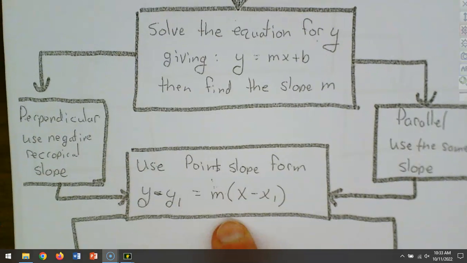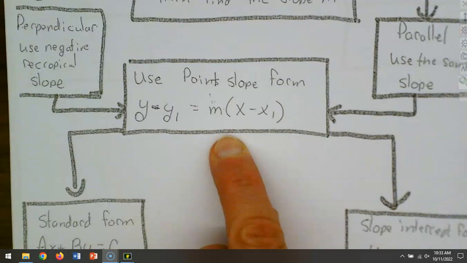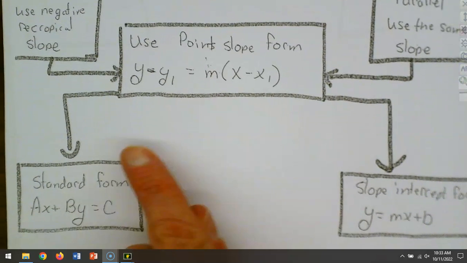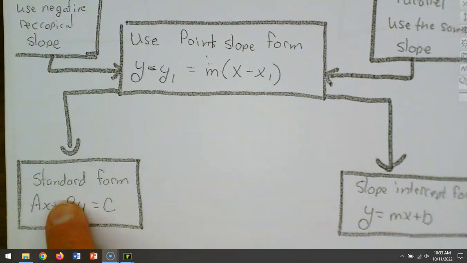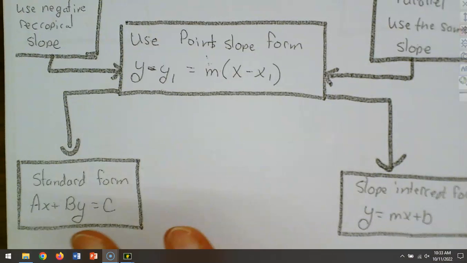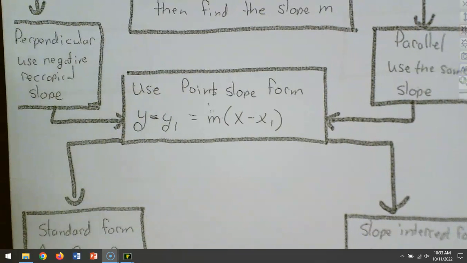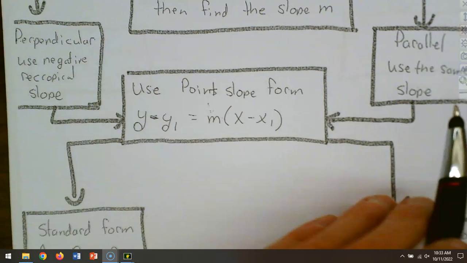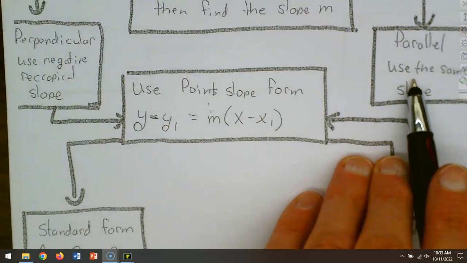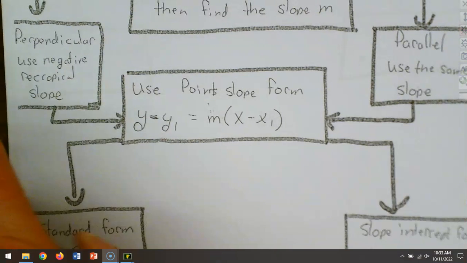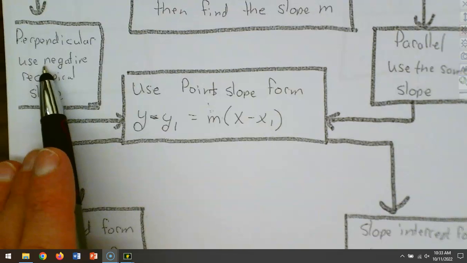Either way, it goes back to point slope, and then we either write our answer in standard form or in slope-intercept form. So the only difference here is parallel and perpendicular. So parallel means we keep it the same. We don't change anything at all. Perpendicular means we use the negative or the opposite reciprocal for the slope.